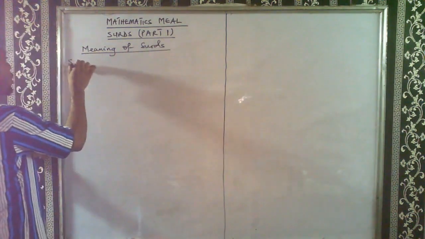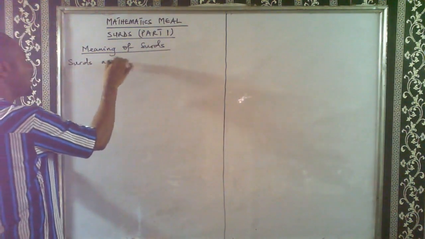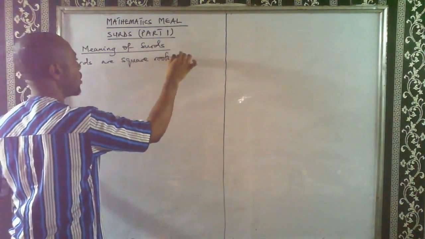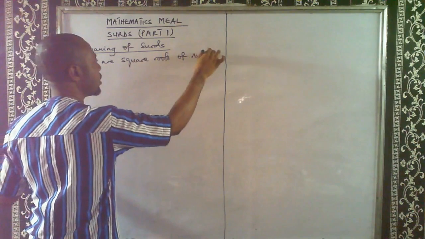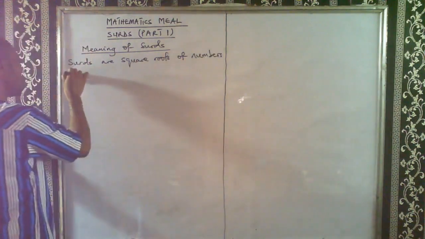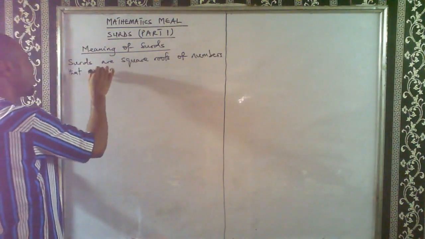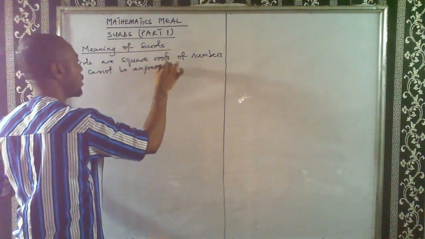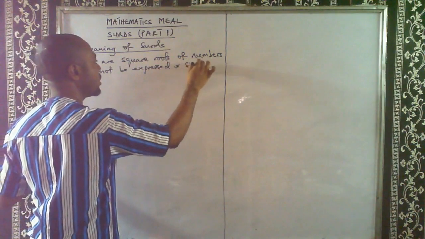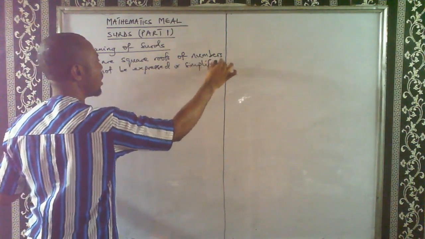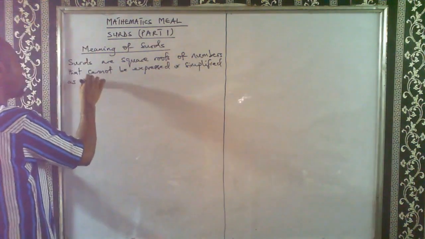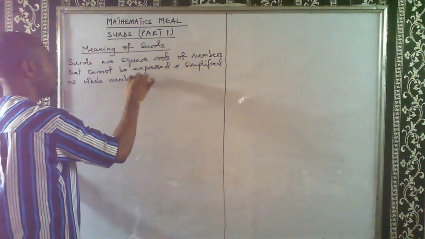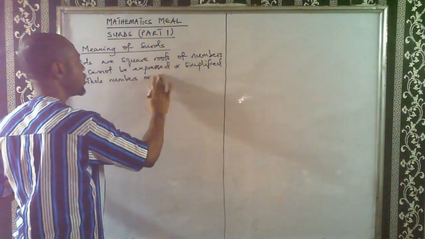So we can say that surds are square roots of numbers that cannot be expressed or simplified as whole numbers or irrational numbers.